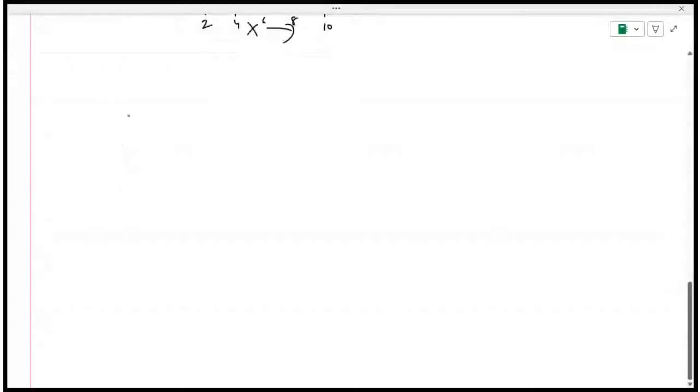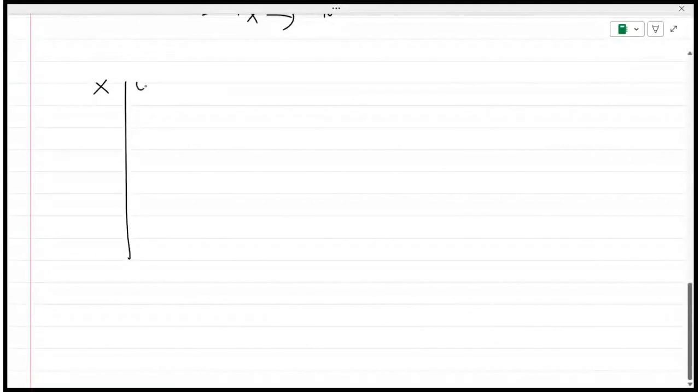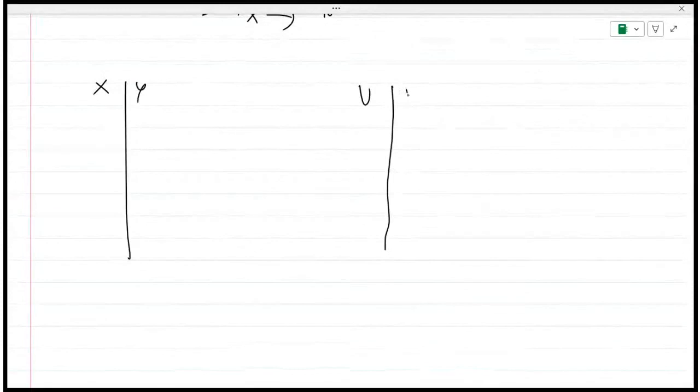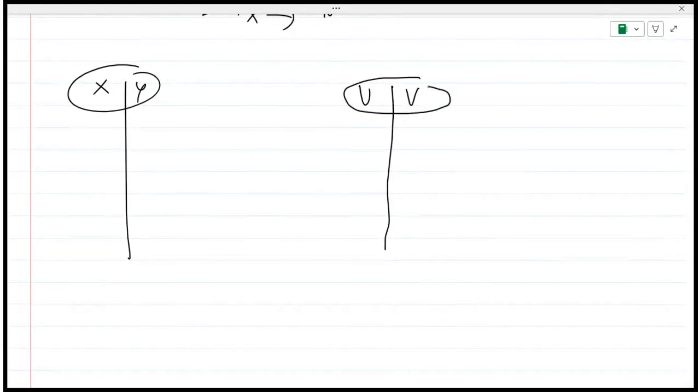If we have one data set in X and Y, and another in U and V, is the relationship between X and Y stronger than between U and V, or the other way around? From the scatter diagram, can you tell this?